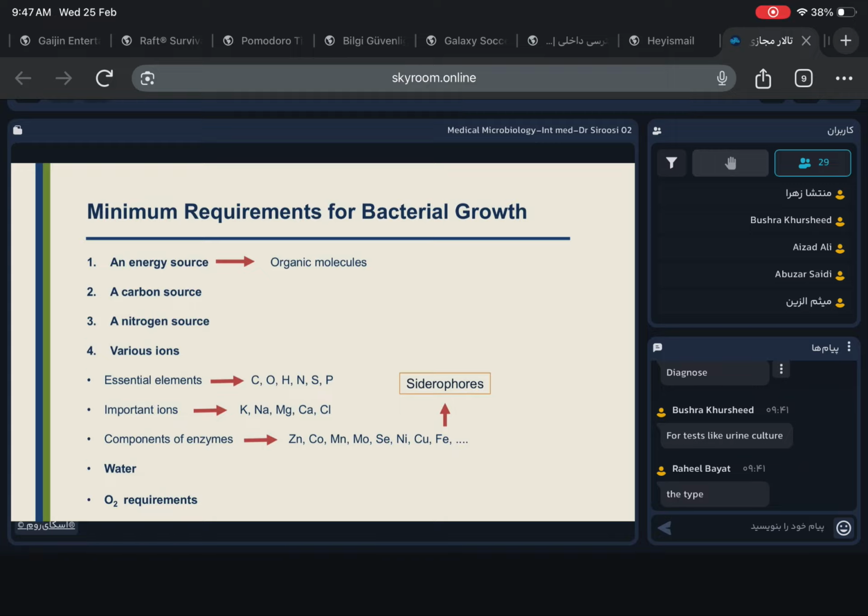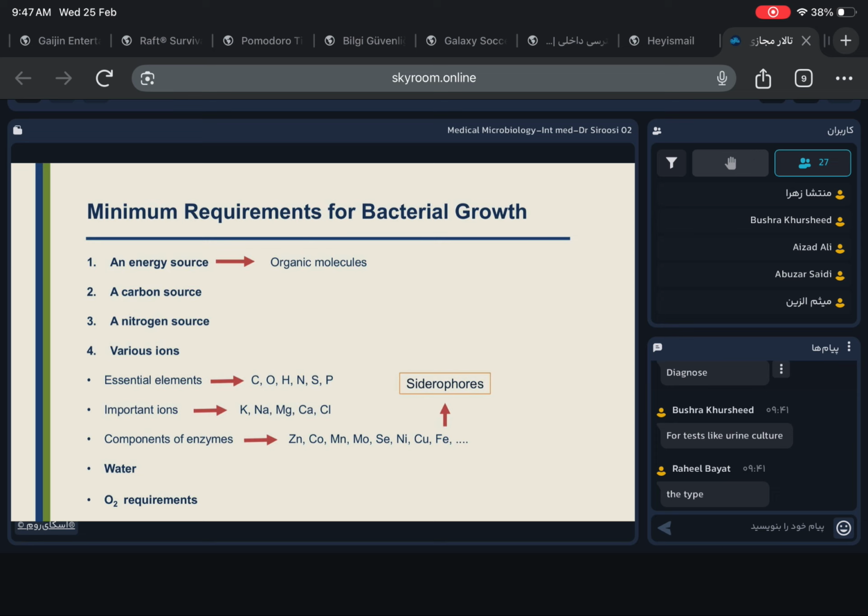When we examine a bacterial cell, we see that it is largely composed of carbon and nitrogen, and that is why these sources are essential for bacterial growth. And as you can see, we have classified them as the minimum requirements for bacterial growth. Also, certain ions are critical for bacterial growth.